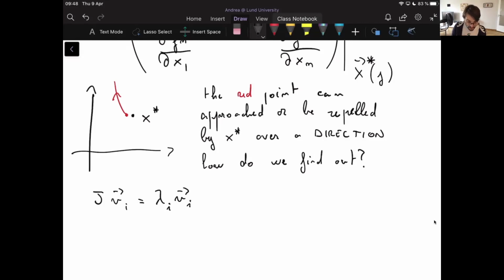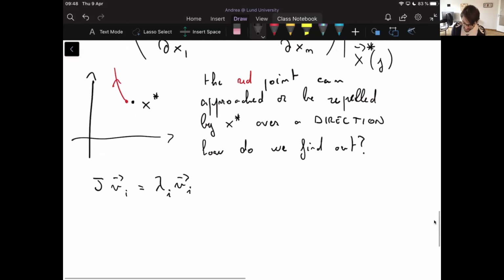And so if you write this over this basis of eigenvalues and eigenvectors, how do you do it? This is a bit of a reminder.